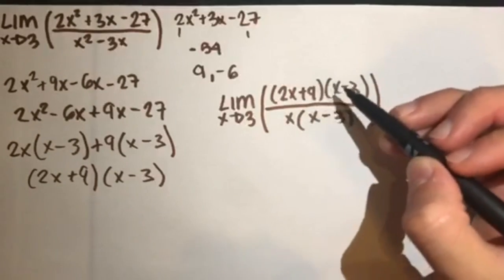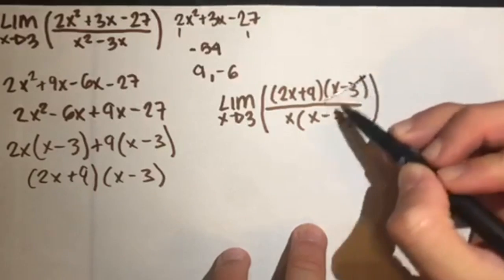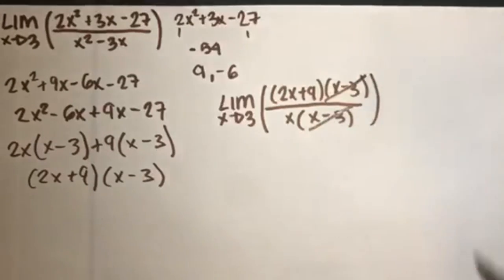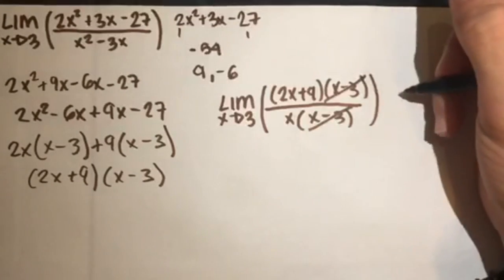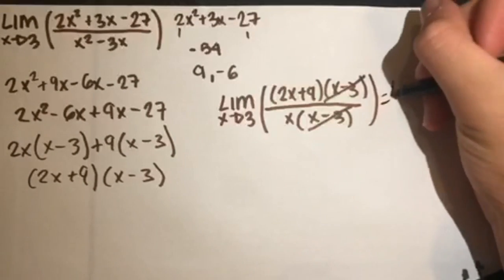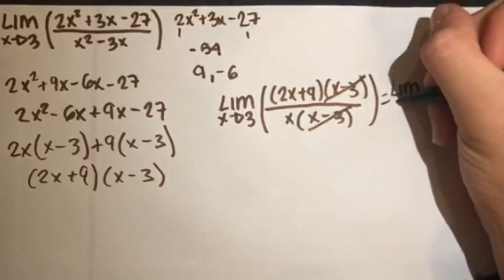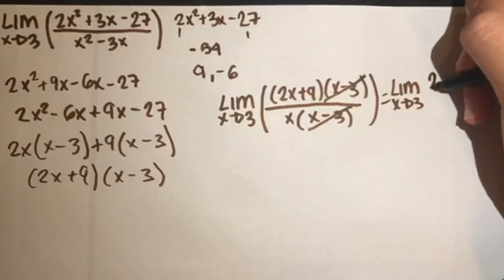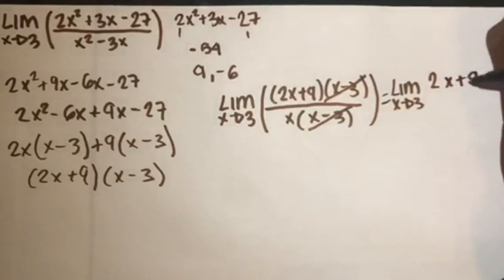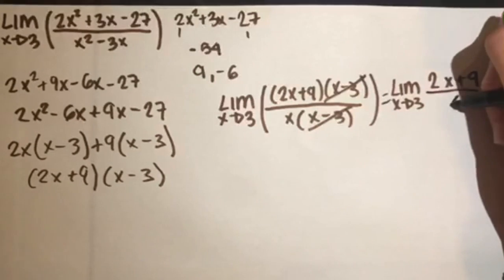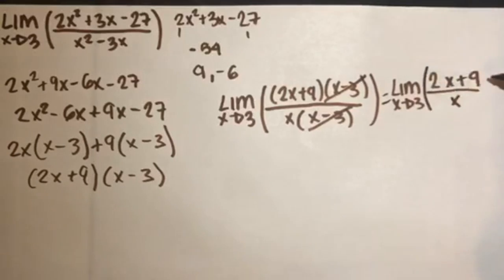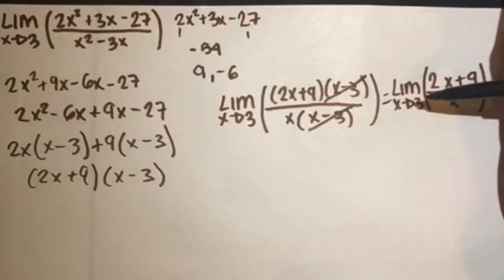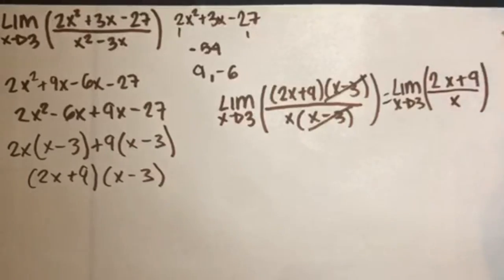Next, as you can see, we can just cancel these two because they're exactly the same. That leaves us with the limit of x approaching 3 of 2x plus 9 in the numerator, and the denominator is just x. So now it's just substituting the x by 3.